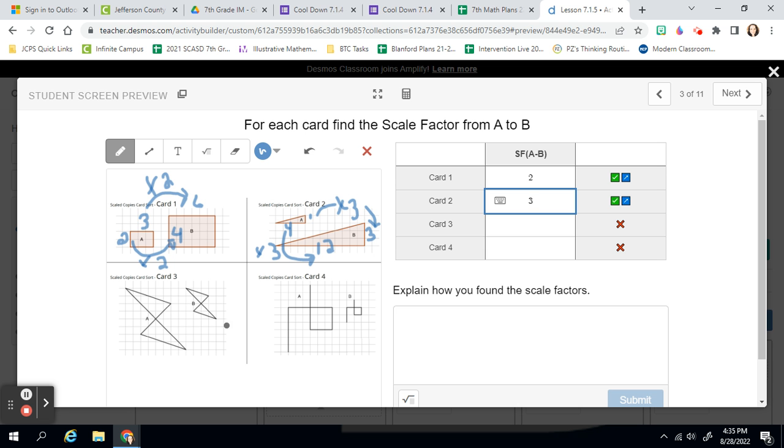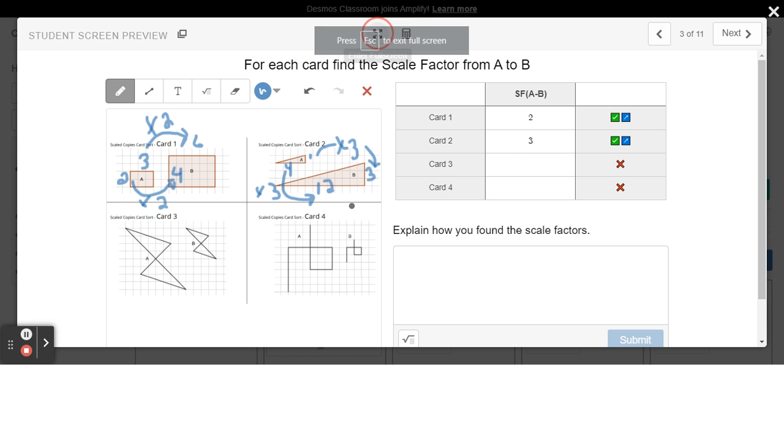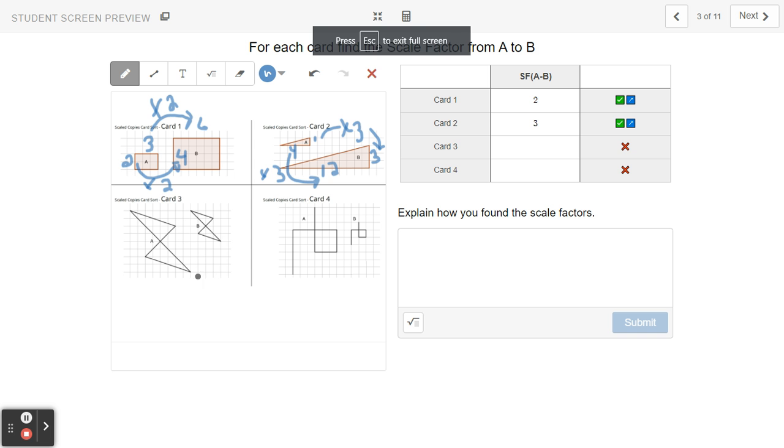Now, I waited on these two because they really do get a little trickier. Because notice, remember, there are all these diagonal lines. None of them match up on the actual grid lines. So all I'm going to do is take a distance from A and compare it to a corresponding distance on B. So it doesn't matter what that distance is as long as it's corresponding.